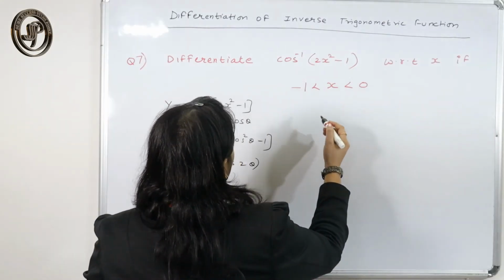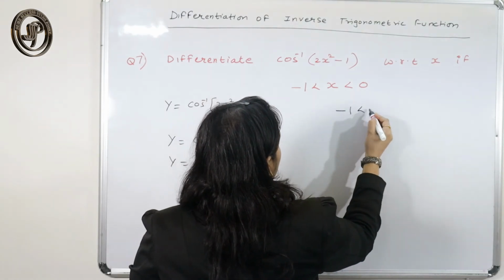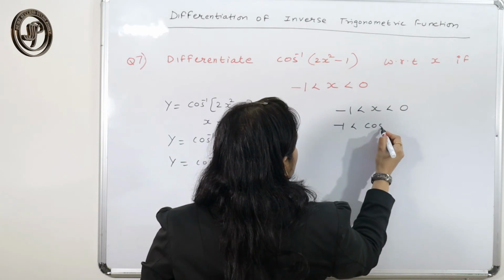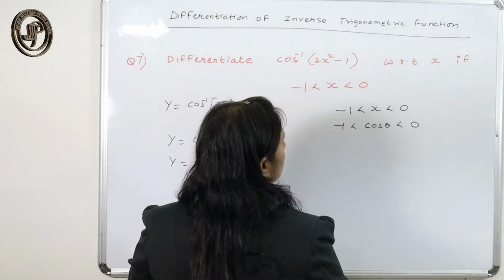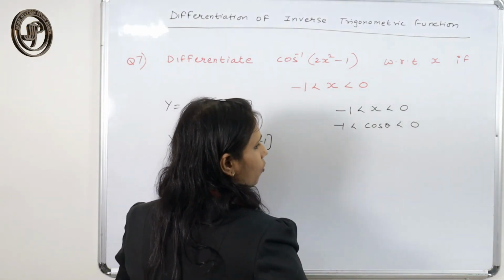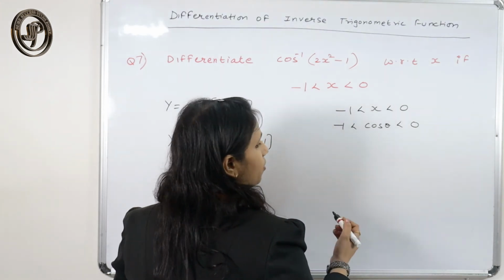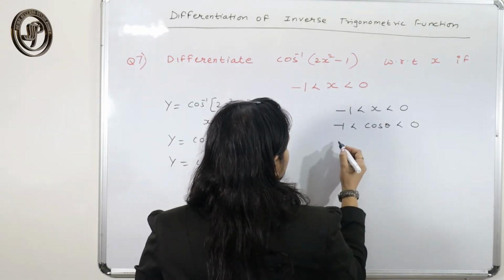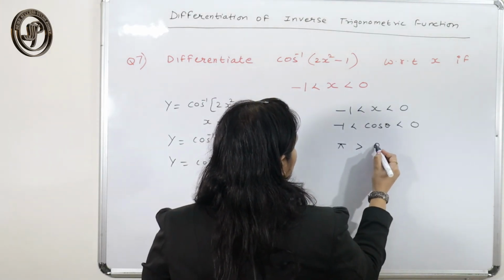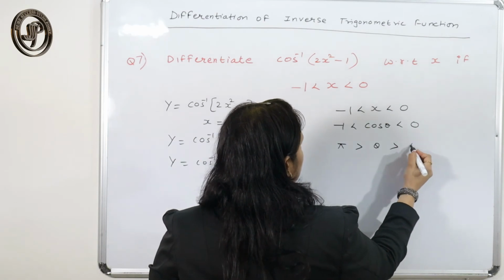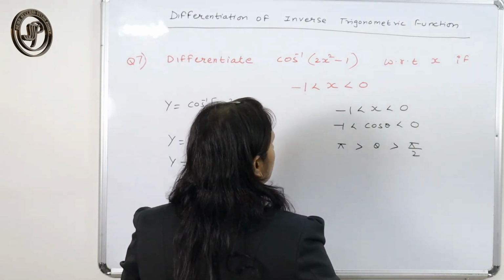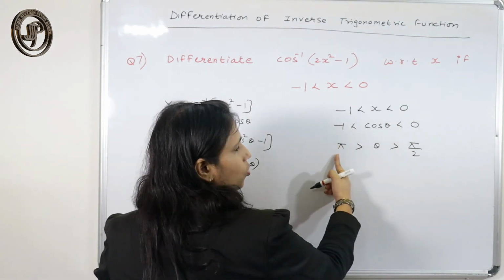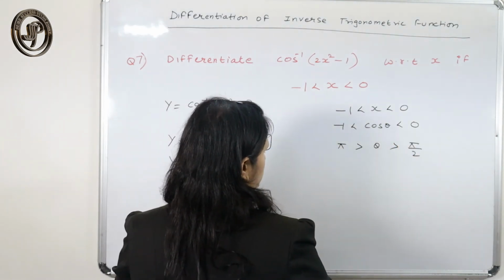Now just check the range for this. Minus 1 to 0 for x = cos theta. Since the value of cos theta decreases when theta increases, minus 1 is at pi, so this inequality will change. And 0 is at pi by 2. So your range comes pi to pi by 2.